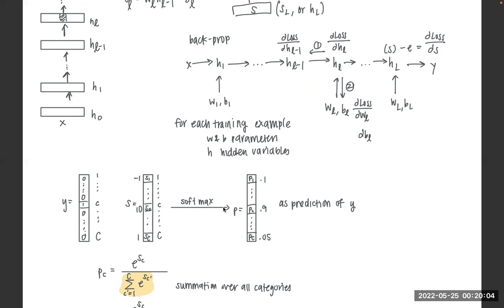Softmax means that we want to translate this vector S, which consists of all the logit scores, into a vector of probabilities, so that those probabilities sum to 1. The logit scores are unbounded continuous values, but the probabilities are all between 0 and 1, and they sum to 1. So we treat this probability P as a prediction for this Y.